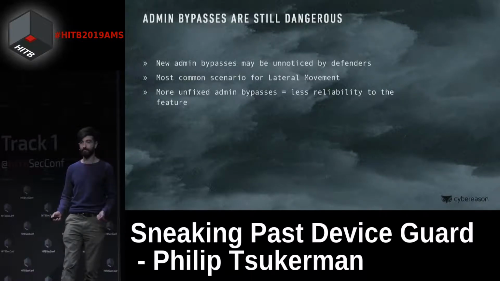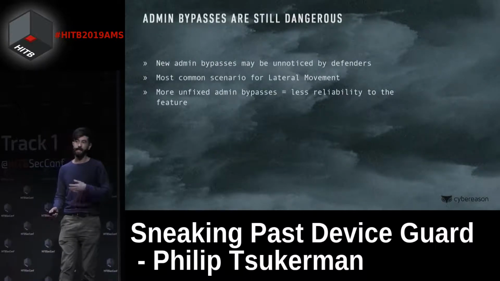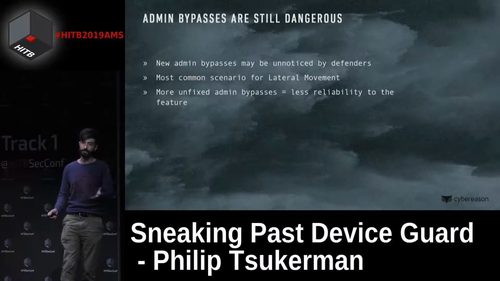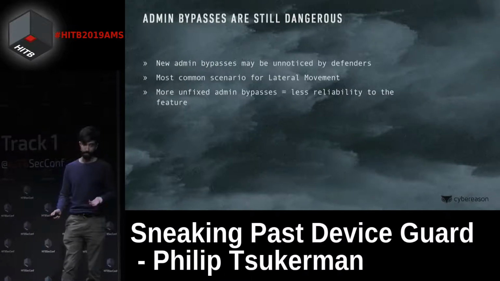The moment we have more and more administrative bypasses, suddenly this doesn't hold. You could use a lot of stealthy ways to not really disable device guard and still run your arbitrary code, and simply stay undetected for quite a long time.